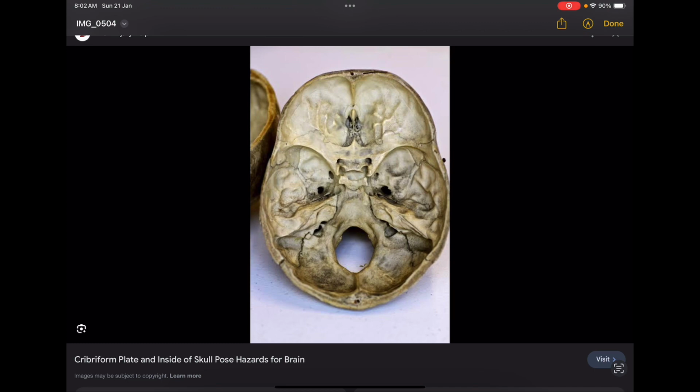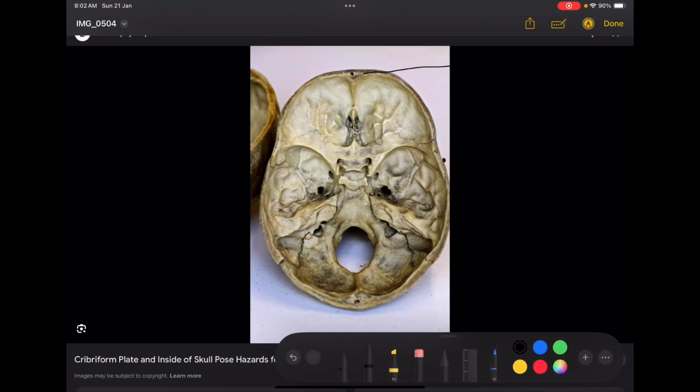So this was the calvaria, and this was the frontal bone.